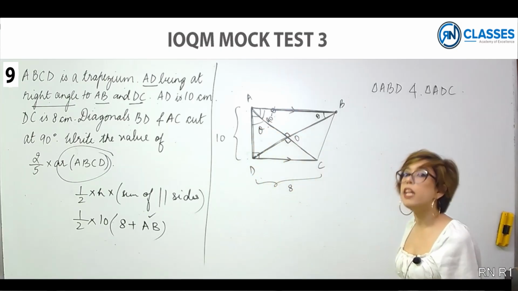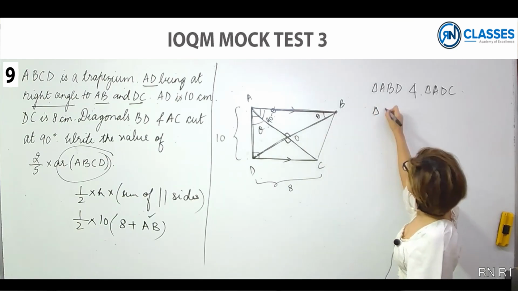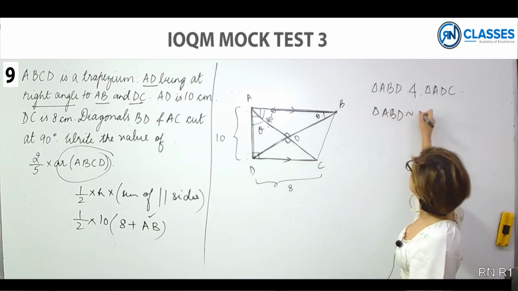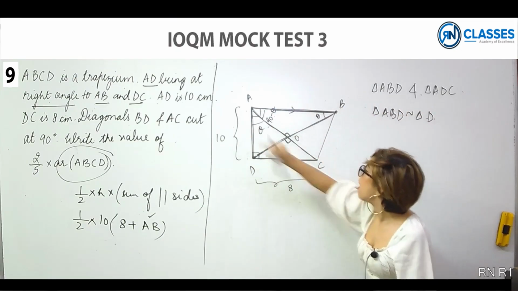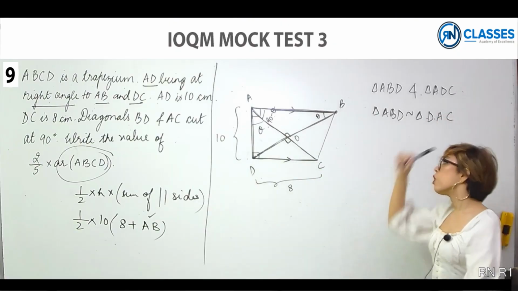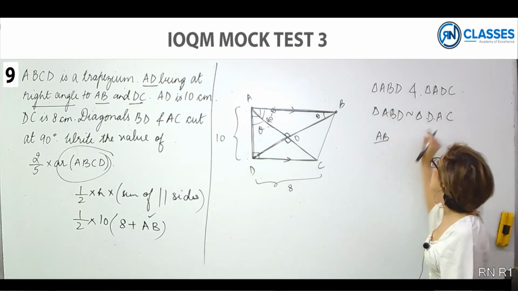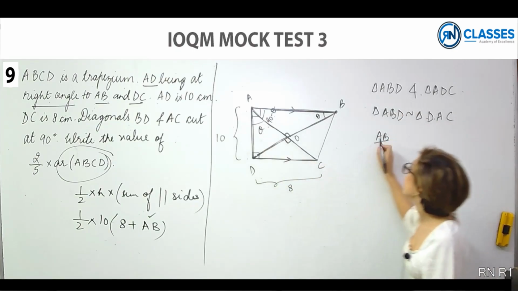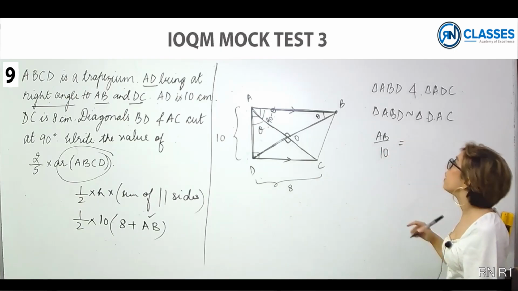So let me write the corresponding parts now. Triangle ABD is similar to triangle, corresponding to A, I will have B, corresponding to B, I will have A. So DAC. Done. Obviously I need AB, so let me write AB by DA, which is equal to, now I will write that side which I know.